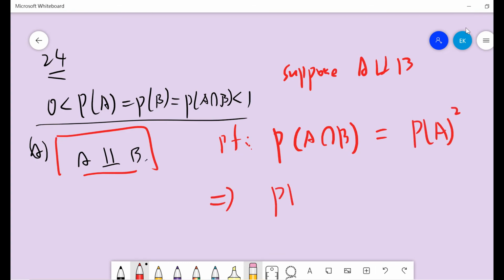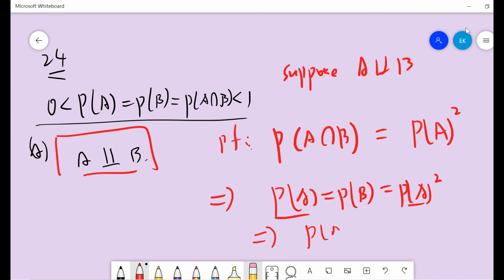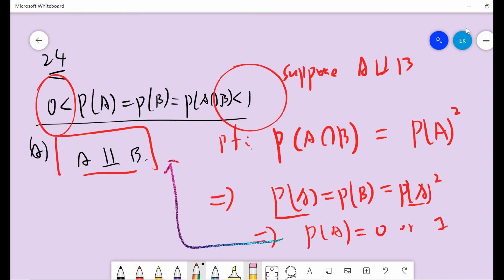So this tells you that P(A) equals P(B) equals P(A) squared, and this tells you that P(A) needs to be 0 or 1. But the problem is P(A) is larger than 0 and definitely smaller than 1. So this leads to a contradiction.